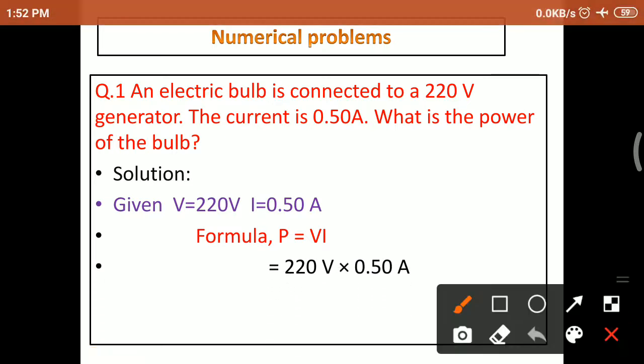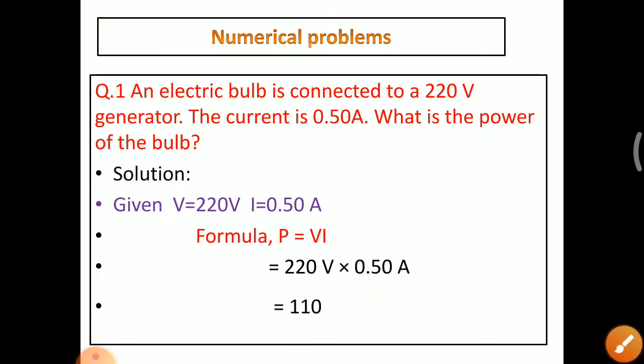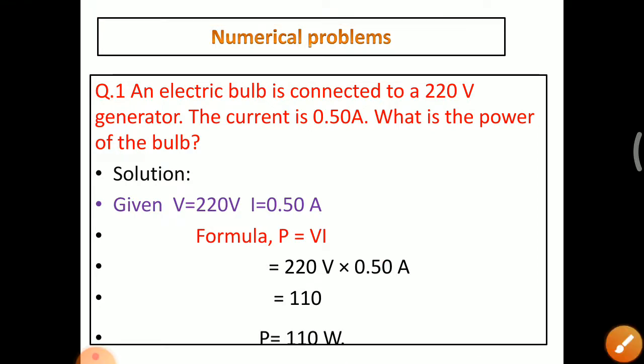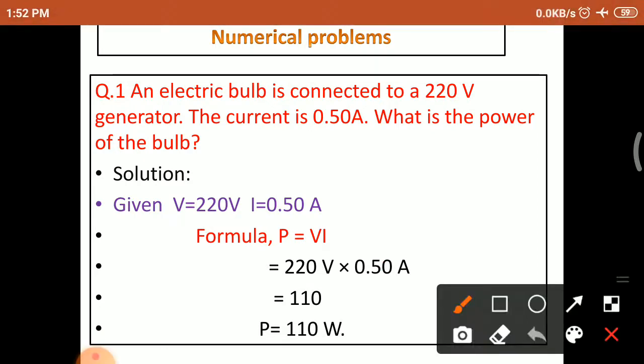So substitute the value of V 220 and the value of I 0.5 ampere. When I multiplied 220 into 0.5 ampere, I got 110. The unit of power is watt. So P equal to 110 watt.